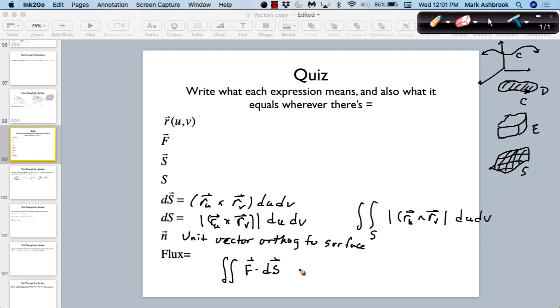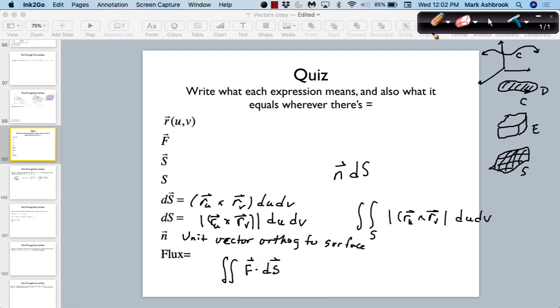Now, there's another form for dS that in certain situations makes your life a lot easier, and that is n dS, right? Because if dS is the area and that's orthogonal to the surface, the unit vector orthogonal to the surface, that's exactly what dS is also. So these are two versions of dS. There's this and that.